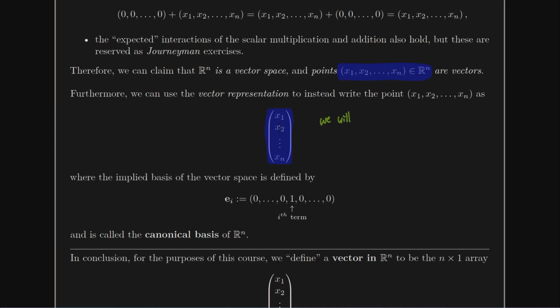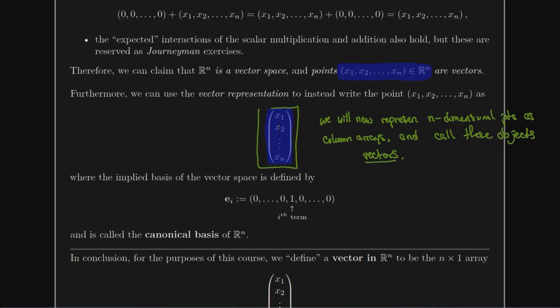So we will now represent n-dimensional points as column arrays and call these objects vectors. So now every time you see an array like this, there's a very slight chance it could be a single column matrix, but most often we're going to think about these arrays as points in n-dimensional space, but we're going to give them the name vectors.